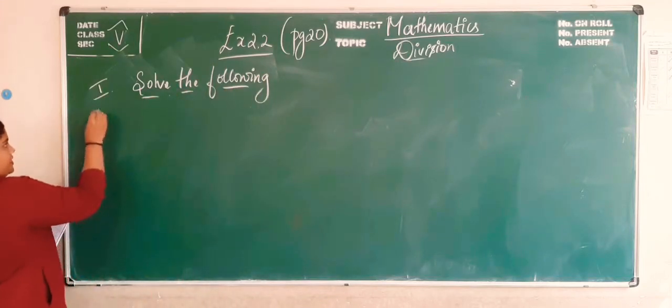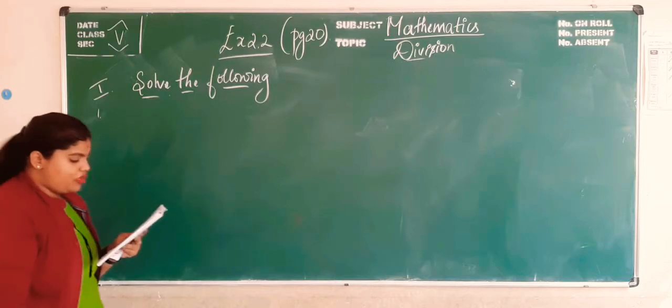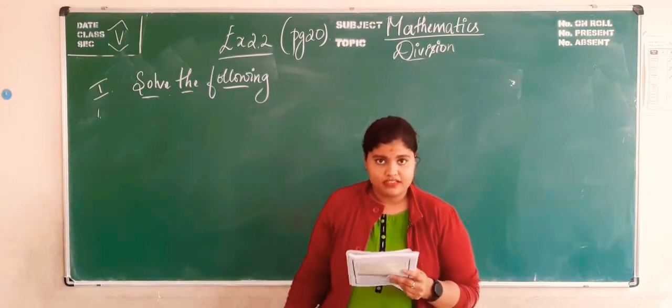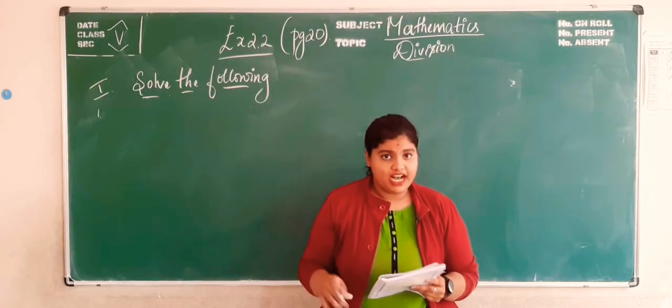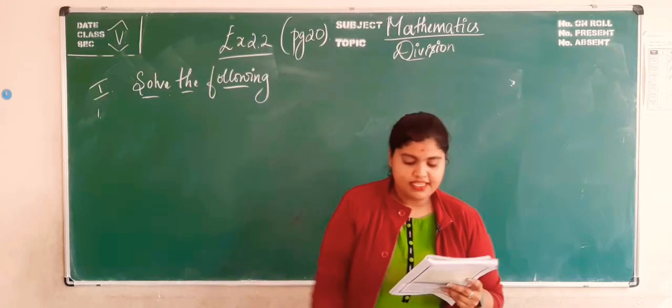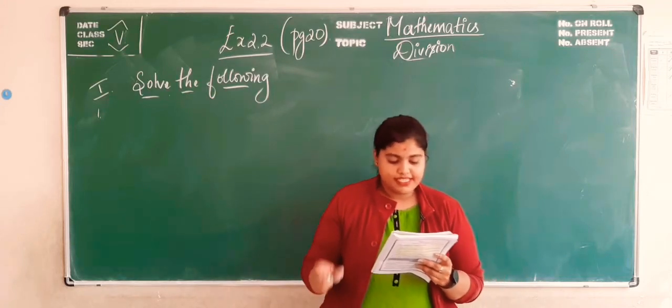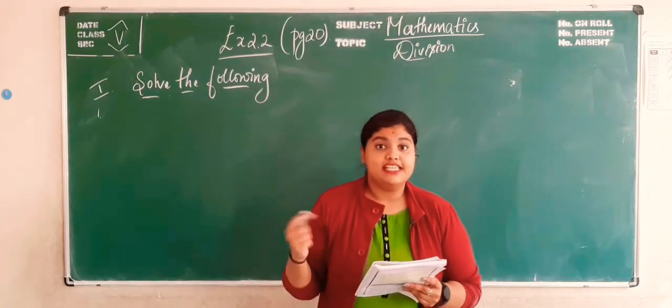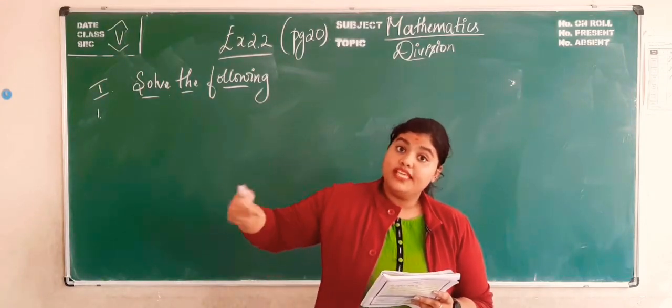So first question, an orange garden has 82 orange plants. There was an orange garden in which there were 82 orange plants. A farmer plucks 60 oranges from each plant. So the farmer is plucking 60 oranges from those 82 plants.